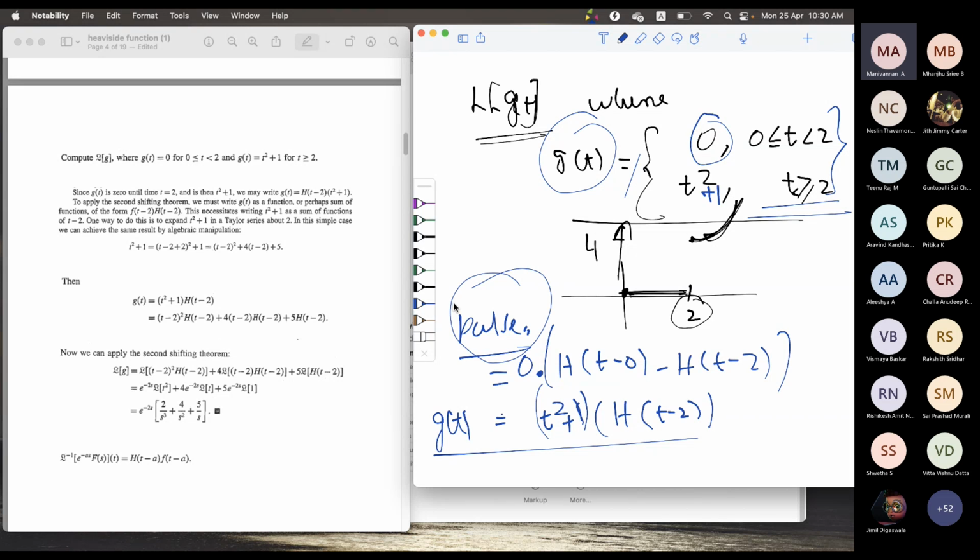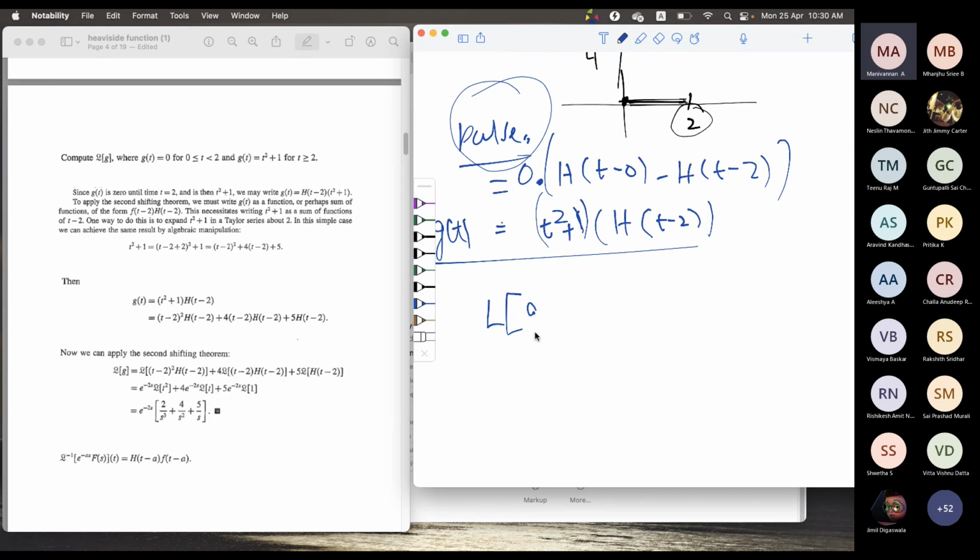Yes, sir. Now, if I want to find the Laplace transform of g of t, that is the Laplace transform of t square plus 1 into h of t minus 2, I cannot simply take t at 2, I cannot take e power minus s form directly. So we do an add and subtract manner.